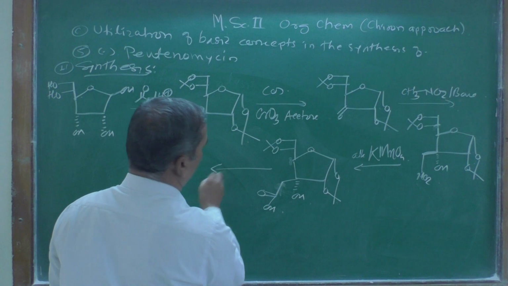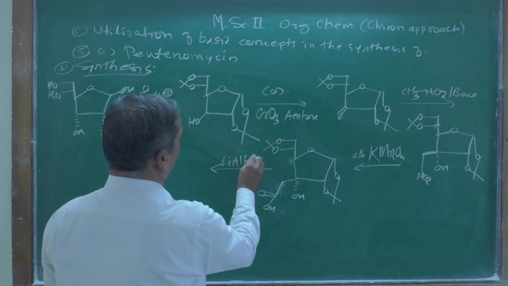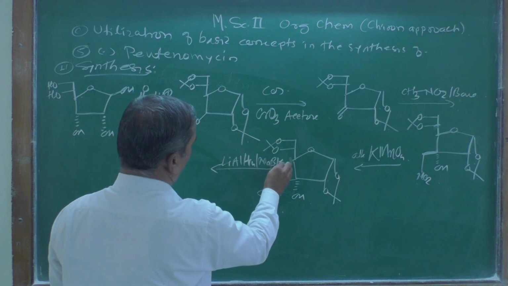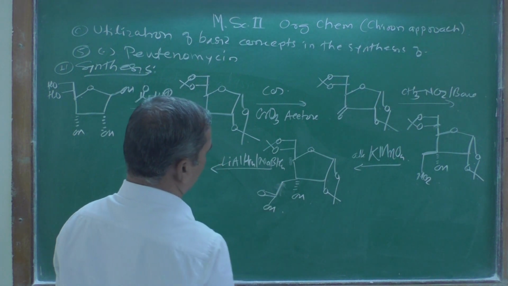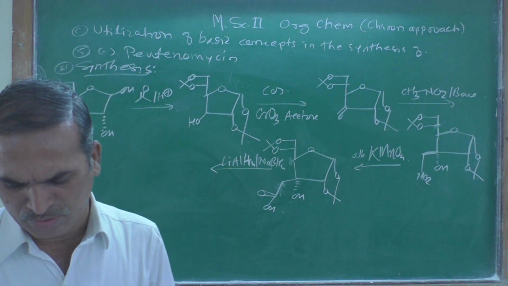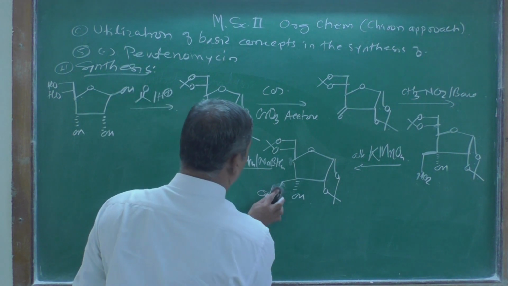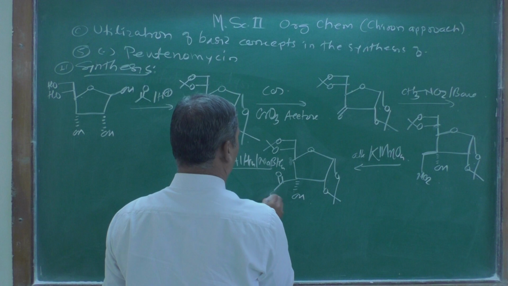Now this is further treated with lithium aluminum hydride, or you can use sodium borohydride. They are the reducing reagents. What will it do? It will reduce the carbonyl group of the carboxylic acid, not this one. Here, you remember, is a carboxylic acid, C double bond O and OH.